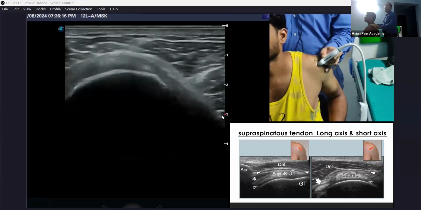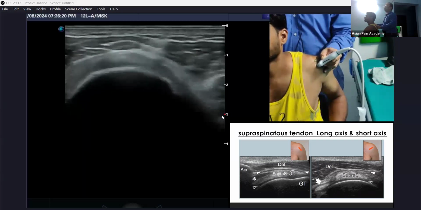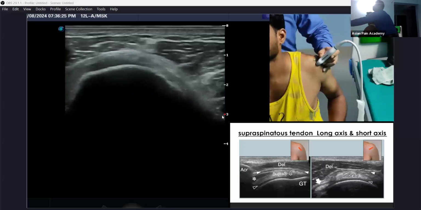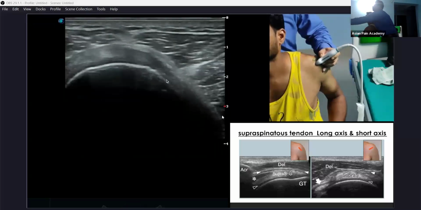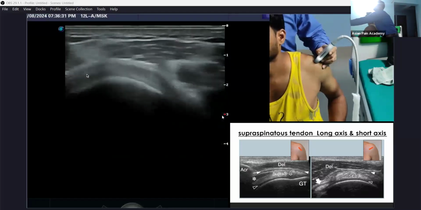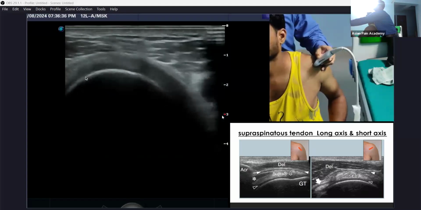So I will show you the picture, then you will understand. So ultimately, this is the short axis of supraspinatus tendon. Okay. You can see this is the supraspinatus tendon, and it is ultimately coming and joining here. So it is joined already. Okay.